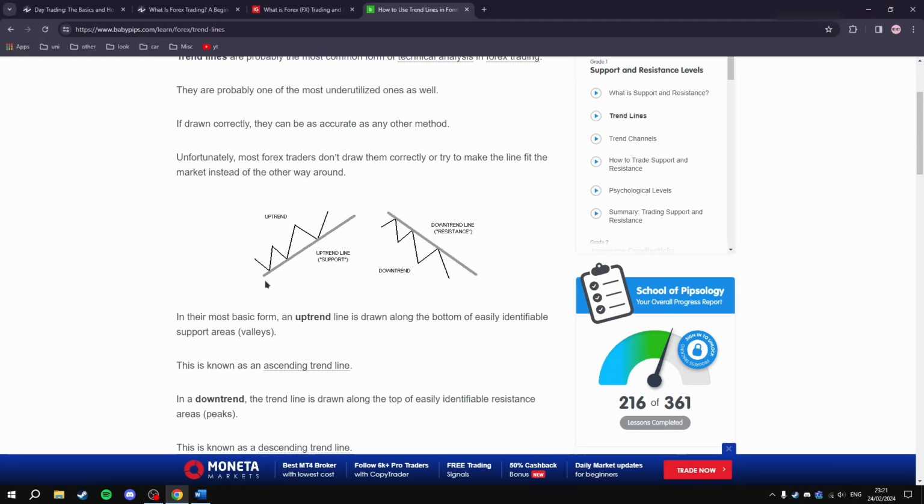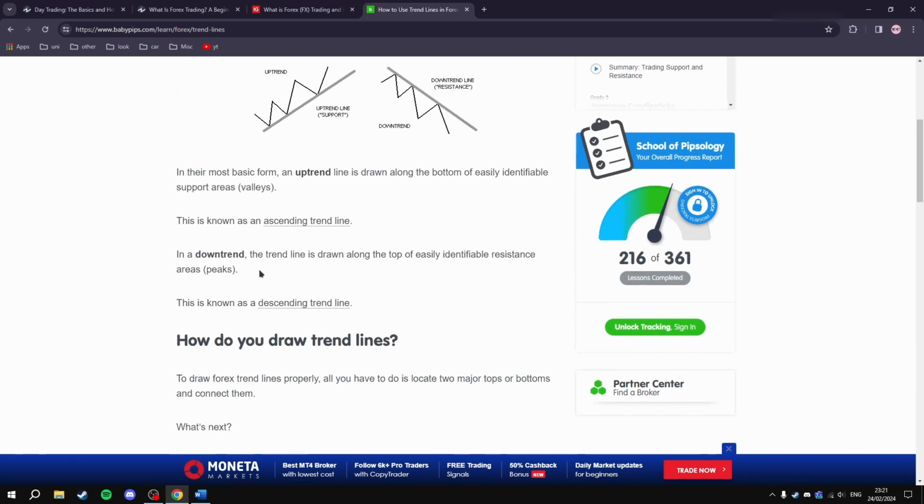So uptrend, you got boom, boom, boom, boom, boom. Uptrend line support, downtrend line resistance, resistance, resistance, resistance. Downtrend, boom, boom, boom, boom, boom.